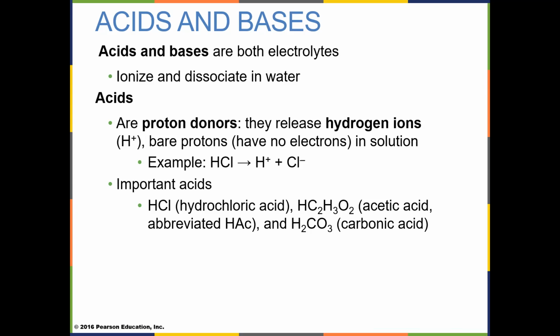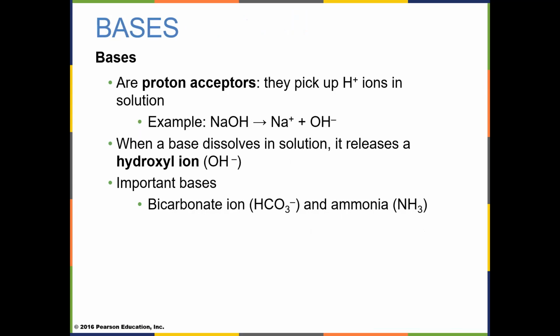We also have acetic acid available to us. Acetic acid is a buffer that will help to neutralize a base. A base is a proton acceptor. Bases grab hydrogen ions whenever they can. Sodium hydroxide, for example, will dissociate into sodium and hydroxide. Sodium has the positive charge and hydroxide has the negative charge.